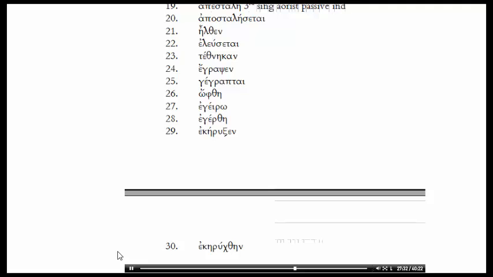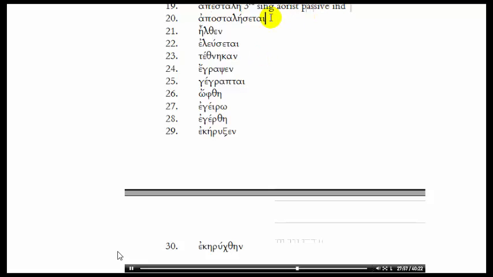Again, this is a tricky one, primarily because unlike most of the sixth principal parts, this doesn't end in a theta. There's no theta. There's instead this, it's apestalane. You get something like that though that doesn't fit into the pattern. You deal with it.